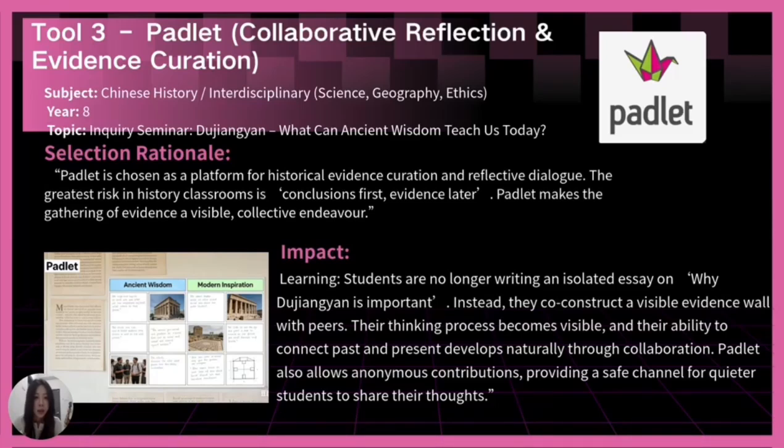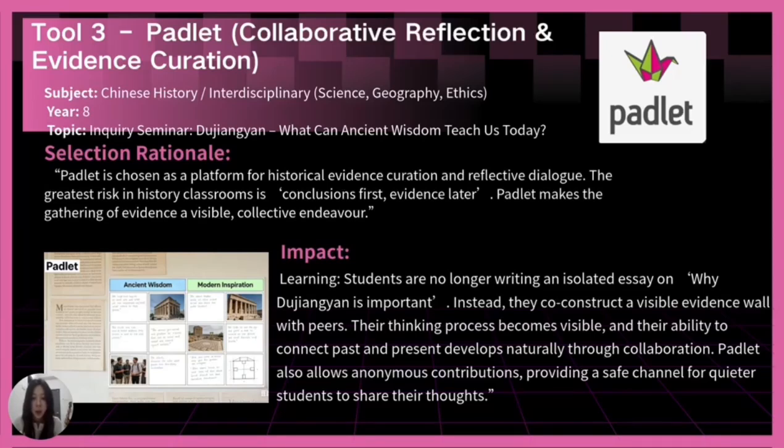The greatest risk in history classrooms is conclusion first, evidence later. Padlet makes the gathering of evidence visible and collective. For learning, students no longer write an isolated essay on why Dujiangyan is important.